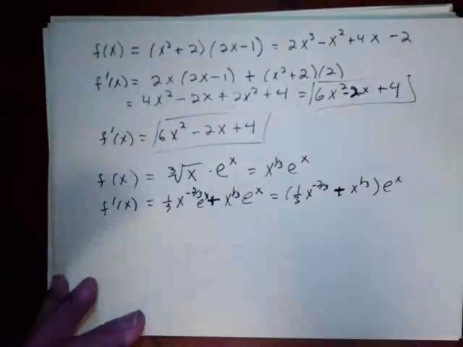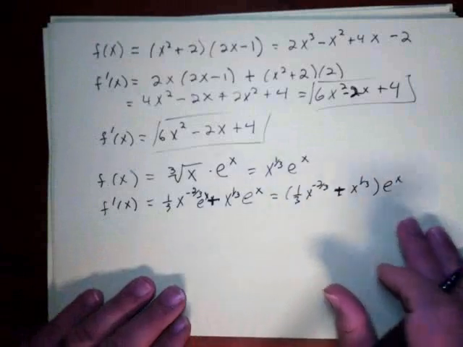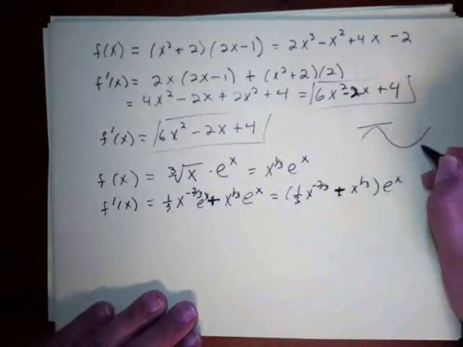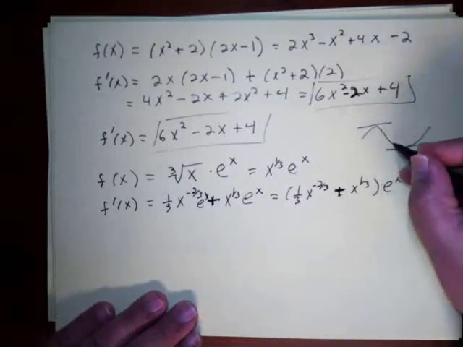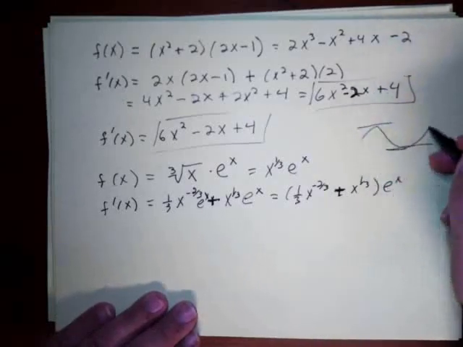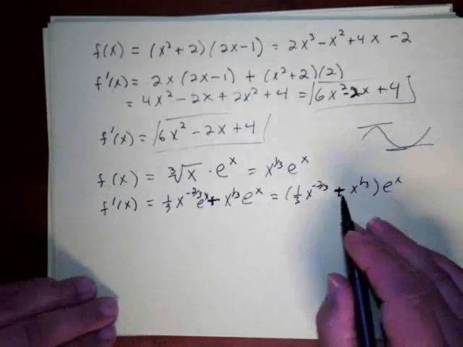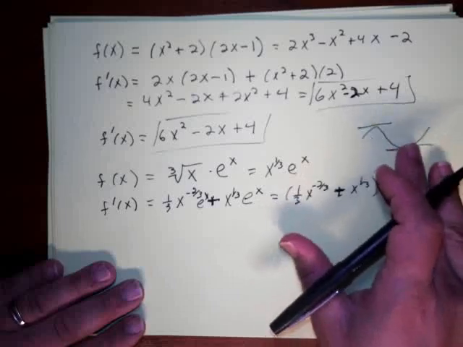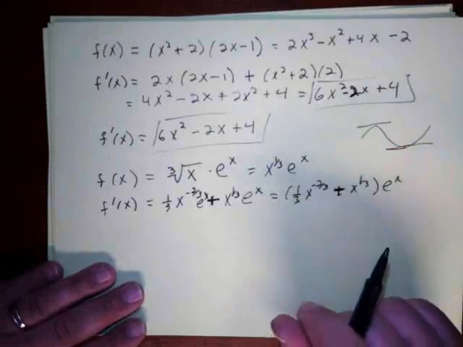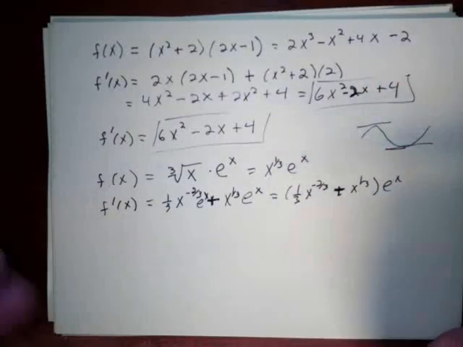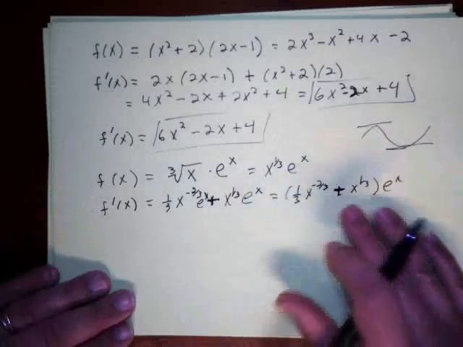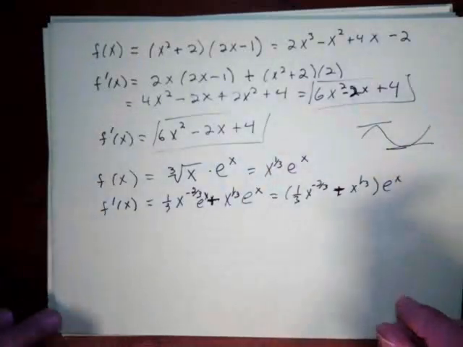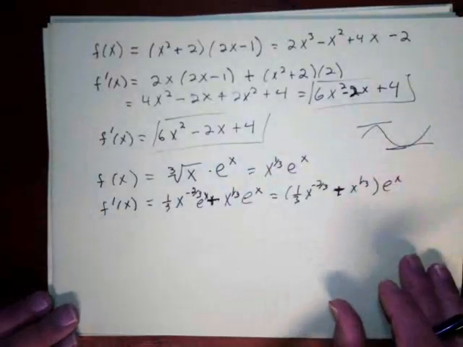Oftentimes we're trying to find when the derivative is equal to 0, because that's when the graph has a horizontal tangent line, and that's where the graph makes a turn, and that's where maximum and minimum values occur. So as you're learning to take the derivative, just do the rule, and that's good enough. You should be just fine.